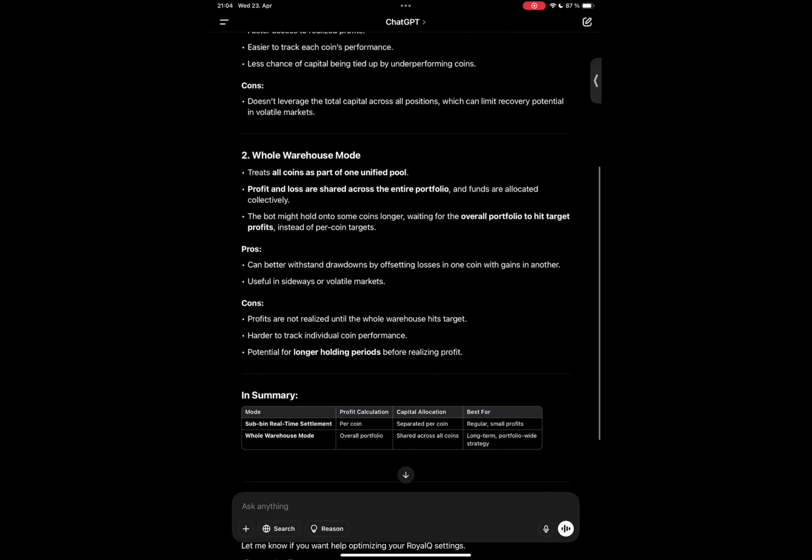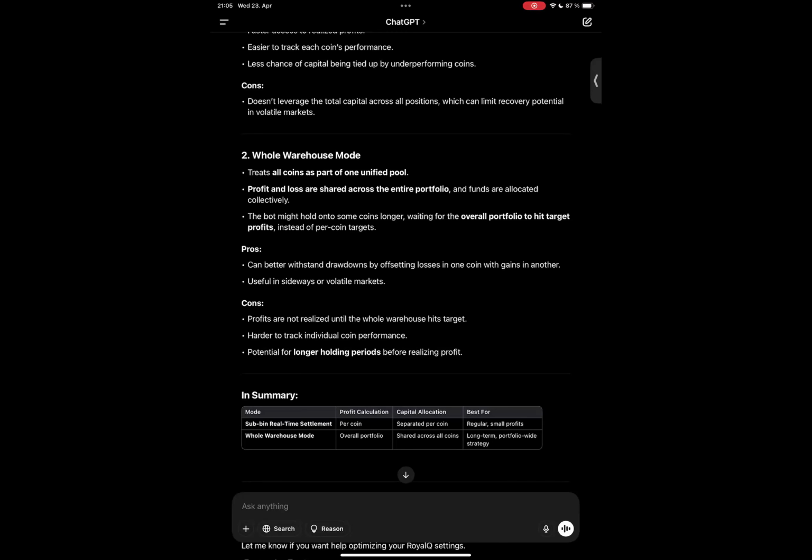Let's go to whole warehouse mode. Treat all coins as part of one unified pool. Profit and loss are shared across the entire portfolio, and funds are allocated collectively. The bot might hold on to some coins longer, waiting for the overall portfolio to hit target profits instead of per coin targets.